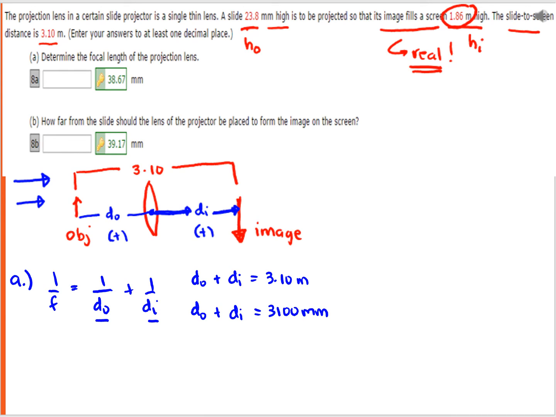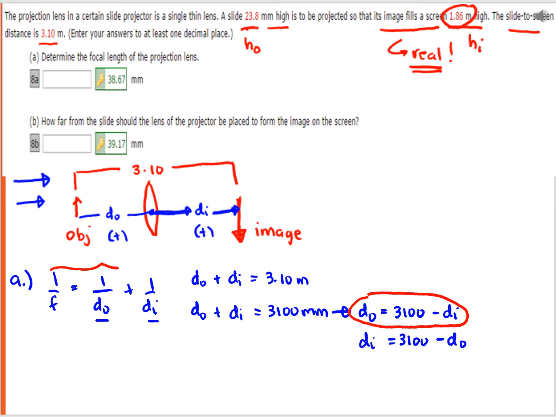And from this equation, we could translate this into DO is equal to 3,100 minus DI, or we could also say DI is equal to 3,100 millimeters minus DO.